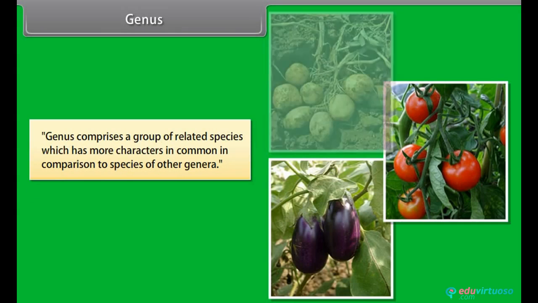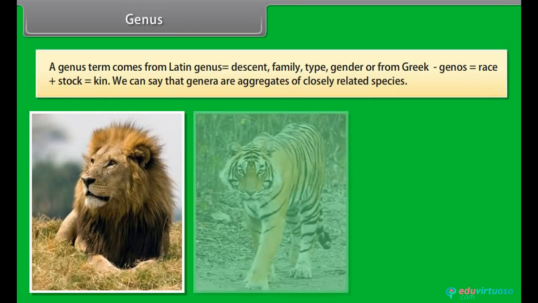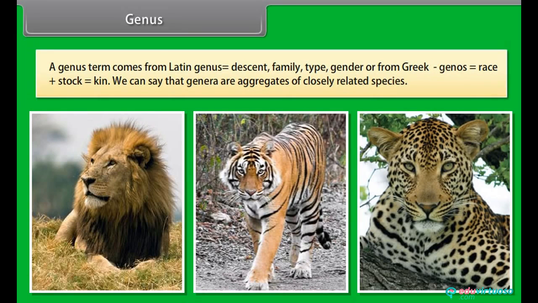A genus comprises a group of related species which have more characters in common in comparison to species of other genera. The term genus comes from Latin genus, descent, family, type, gender, or from Greek genos, race, plus stock, which is kin. We can say that genera are aggregates of closely related species.